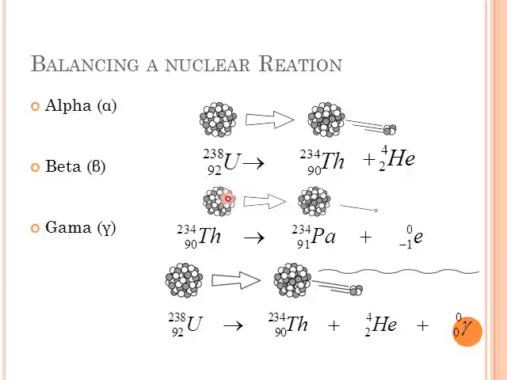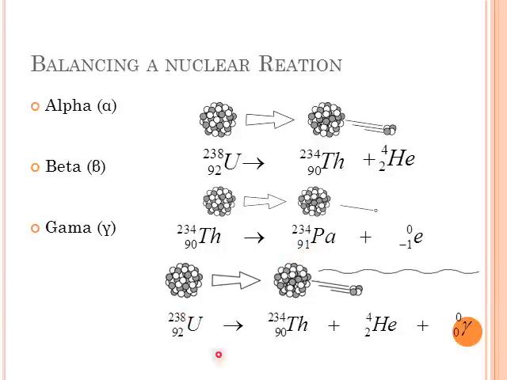The proton stays in the nucleus, so the total number of nucleons is the same, 234 in the beginning, 234 at the end. The electron shoots off. While the number of nucleons stays the same, the number of protons goes up, because you turned a neutral neutron into a proton. You got one extra proton.